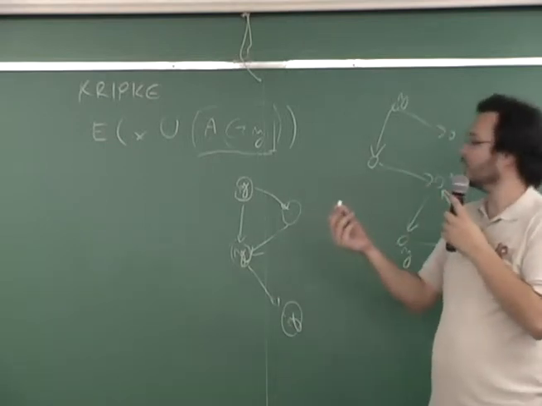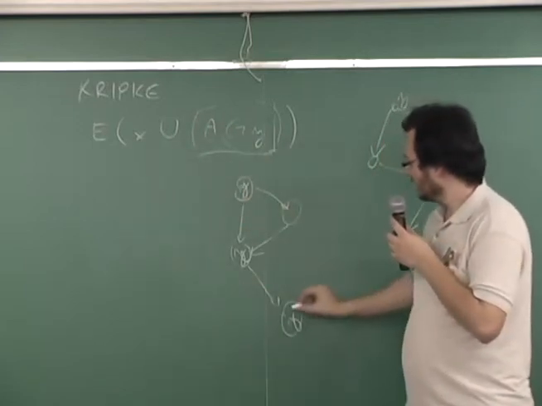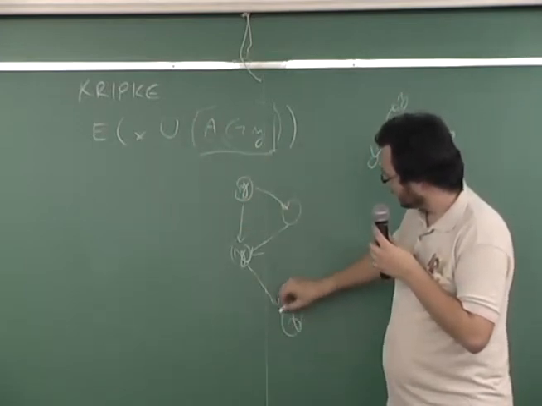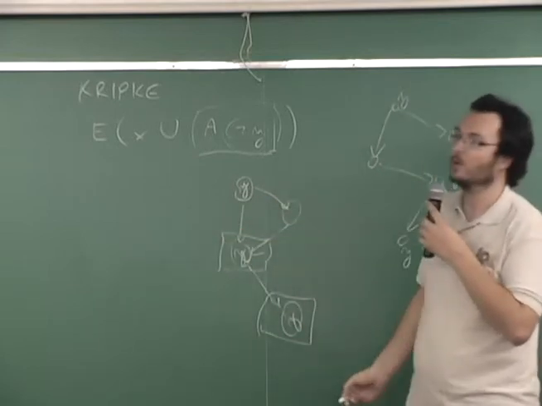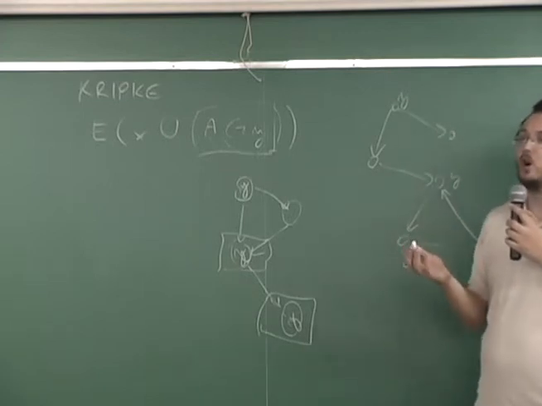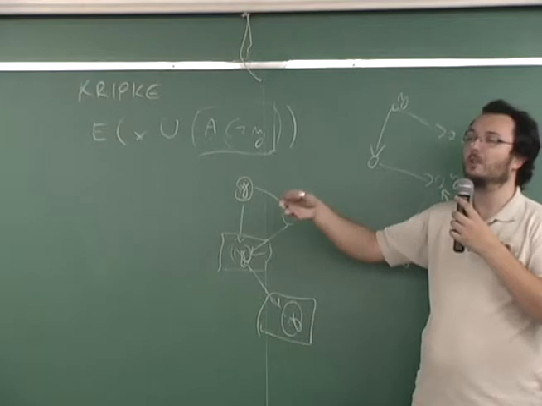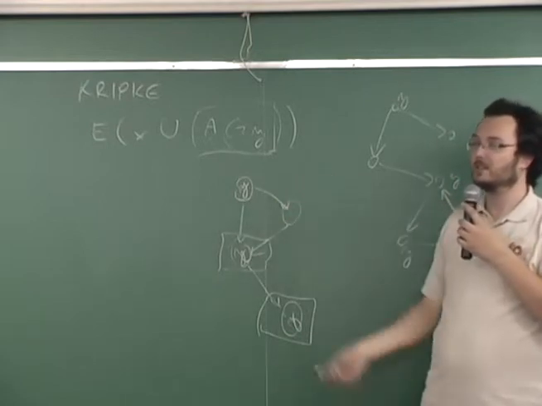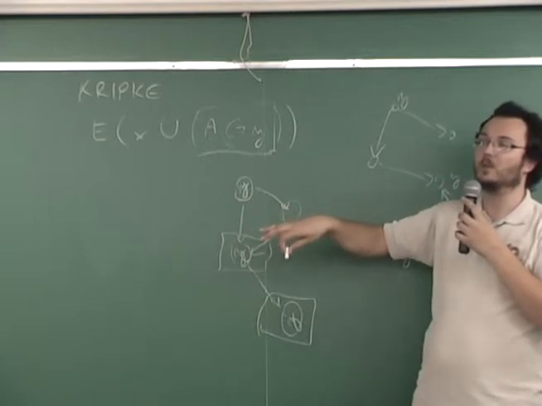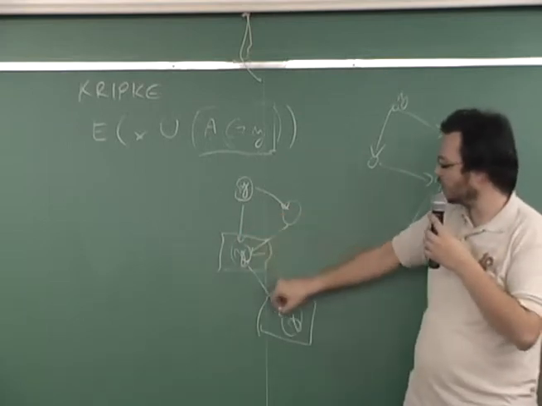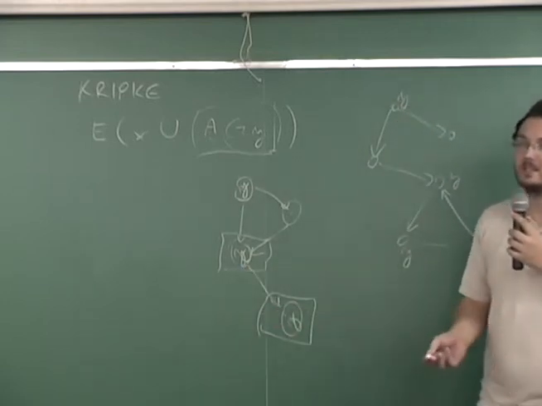And now we can label all the good vertices where this property holds, which is, in this case, this component and this component. In order for this property to hold, you have to be able to reach only vertices with a Y property. So this means that your entire strongly connected component must only contain such vertices, and also all the components that are reachable from your component must only contain such vertices.